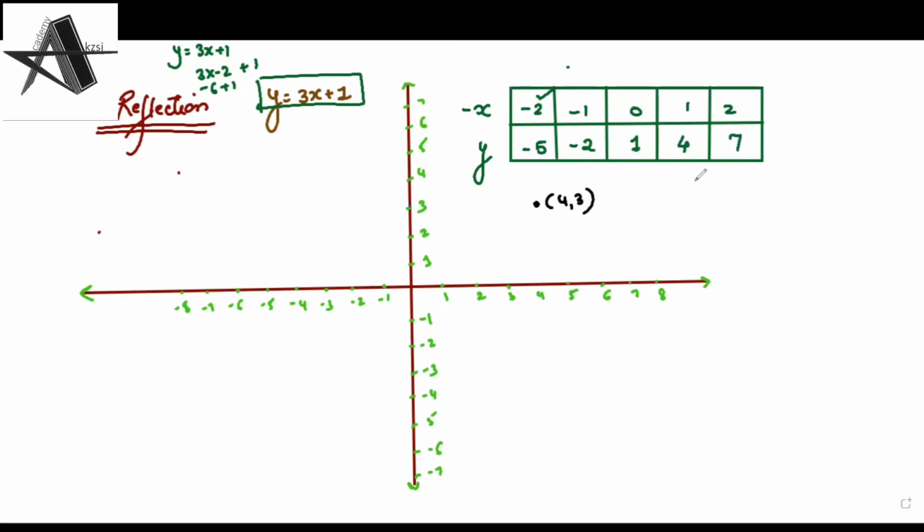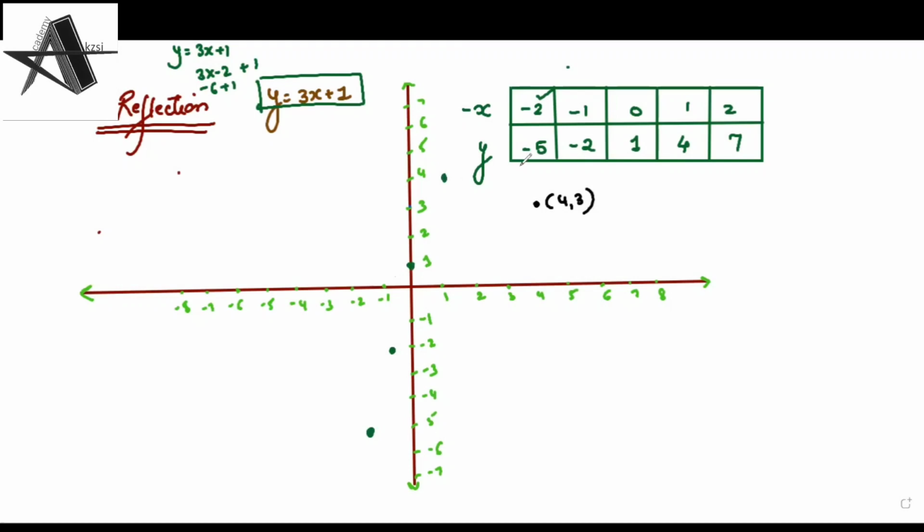Now I need to plot these coordinates. -2, -5. When x is -2, y is -5. So my first point is here. When x is -1, y is -2. Here. When x is 0, y is 1. Here. When x is 1, y is 4. It's here.